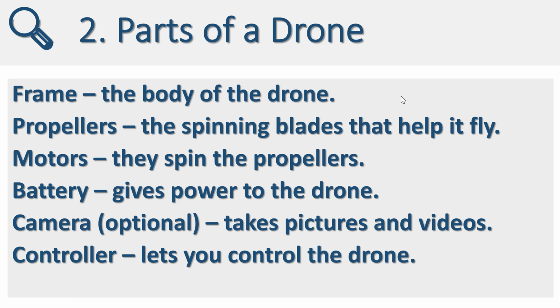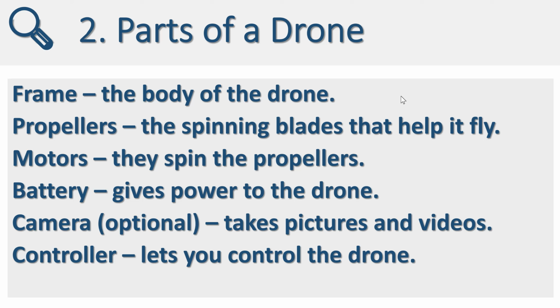Propellers: propellers means the spinning blades that help it fly. Propellers help the drone to fly. Motors: they spin the propellers. The motors move like a fan, and spin the propellers.